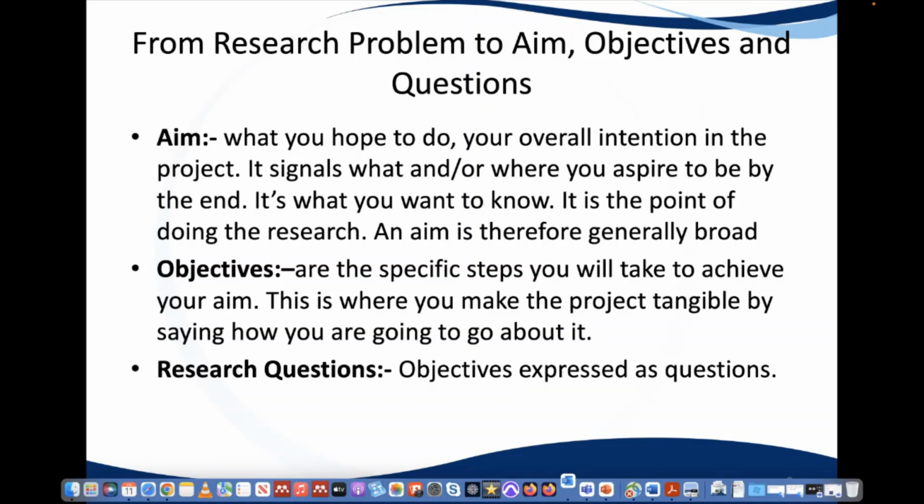Then the objectives. No, before I get to the objectives, the aim therefore represents that point that you see as your ultimate understanding that you seek to have.